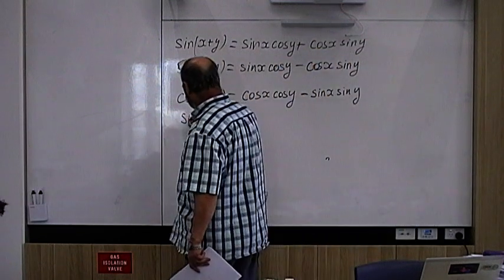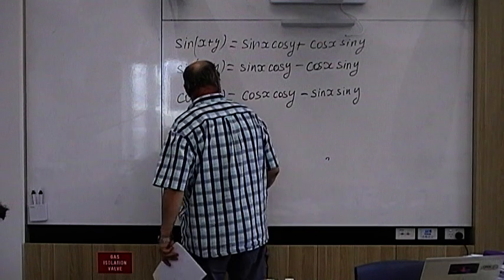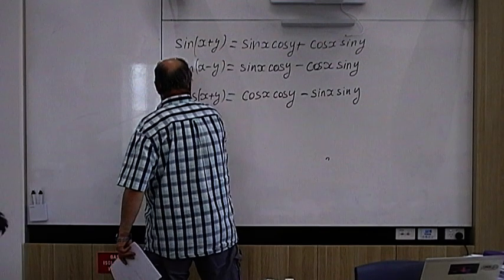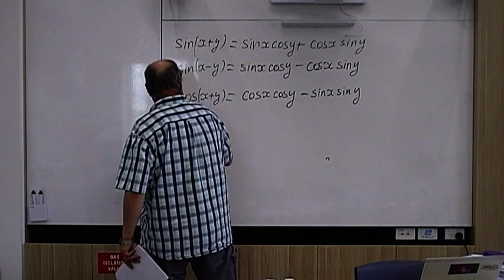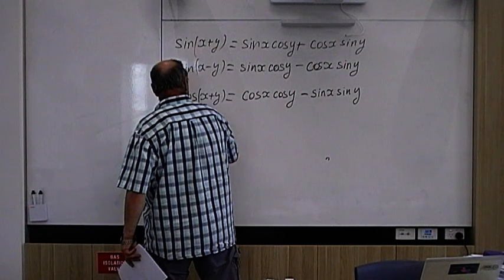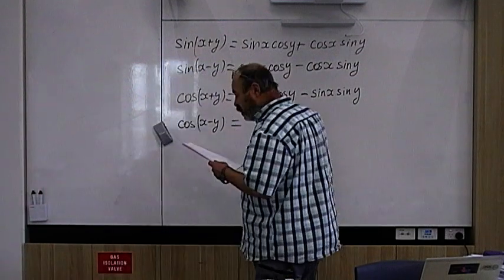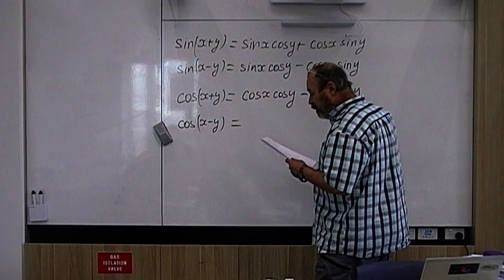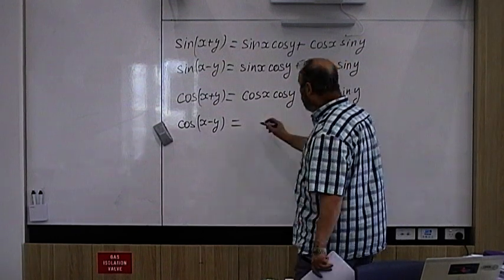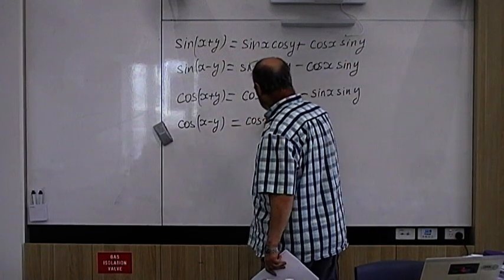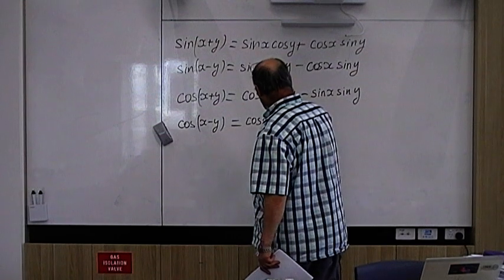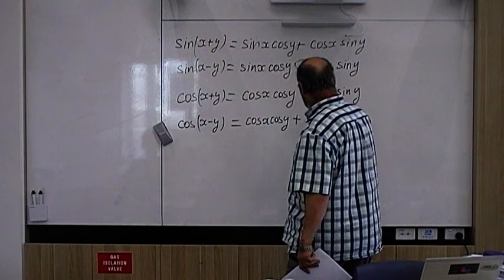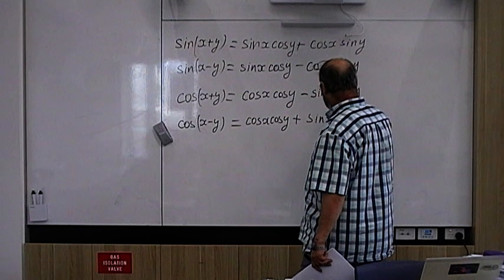Cos of x minus y will be equal to cos x cos y plus sine x sine y.